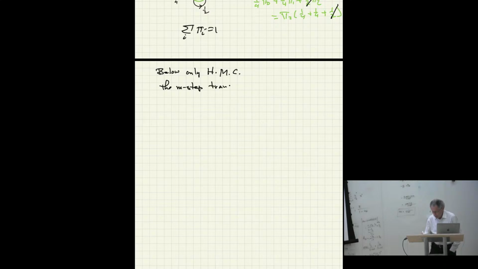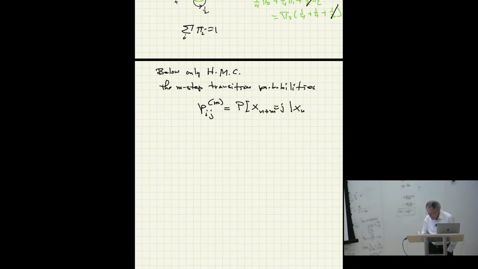We talked about that previously, namely going from i to j in m steps, is equal to, by definition, the probability that at time X sub n plus m you're in j, given that at time n you were in i. That's what we mean by the m-step transition probabilities.